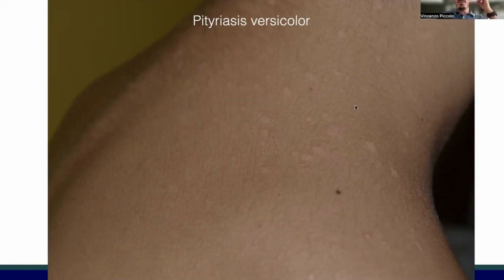Again, this condition usually follows stress or infections or taking other medications such as antibiotics or corticosteroids, because of the imbalance that is created on the skin of our patient, and we usually see it in summertime or springtime.